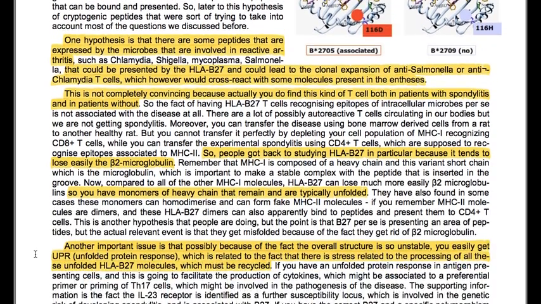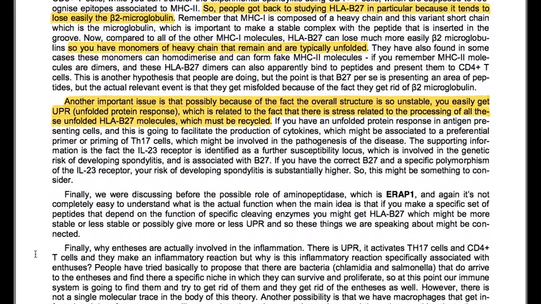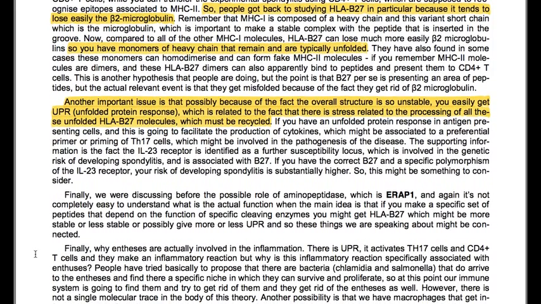So people went back to studying HLA-B27 in particular because it tends to lose beta-2 microglobulin easily. Remember that MHC1 is composed of a heavy chain and this invariant short chain, which is the microglobulin. It is important to make a stable complex with the peptide that is inserted in the groove.